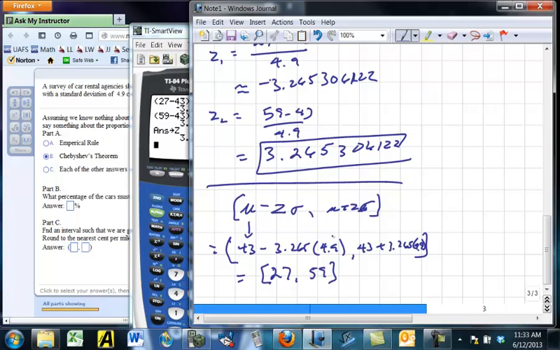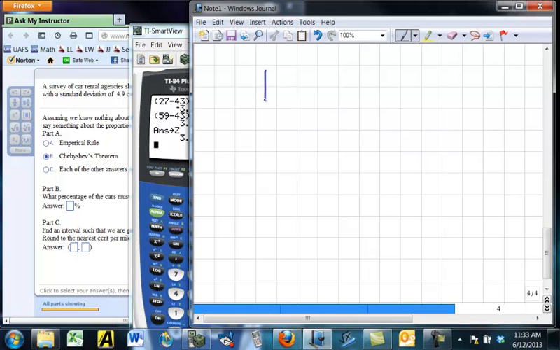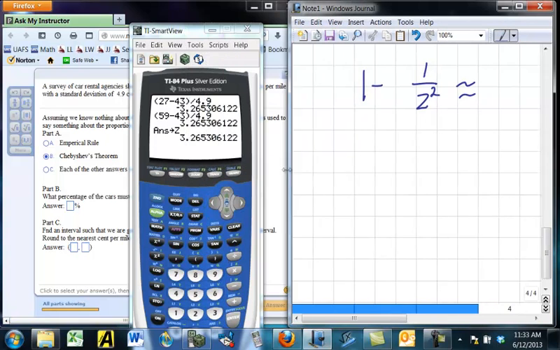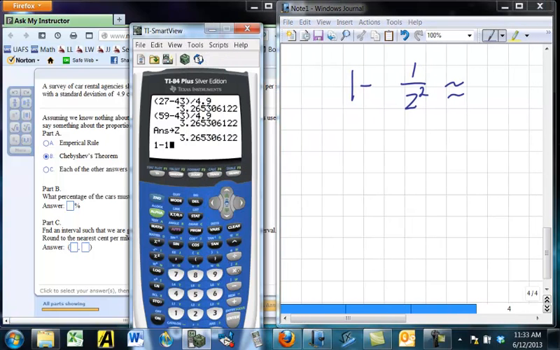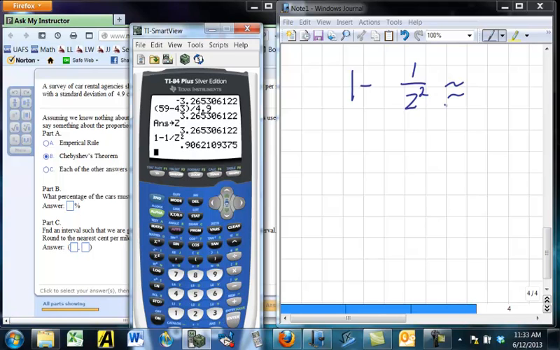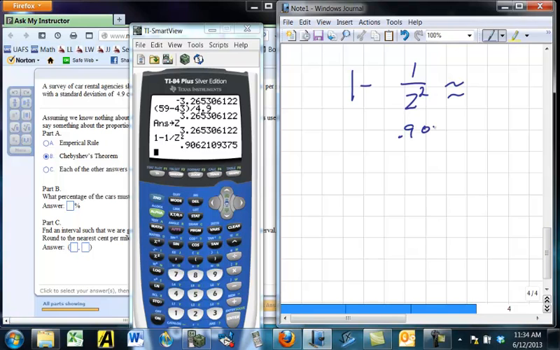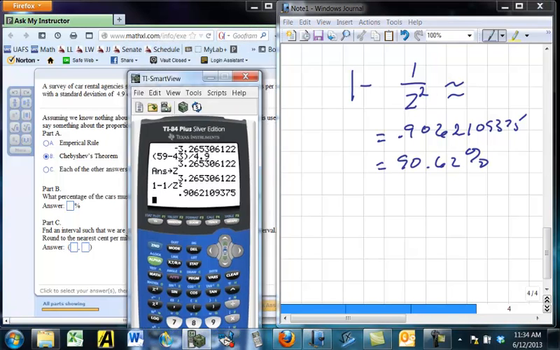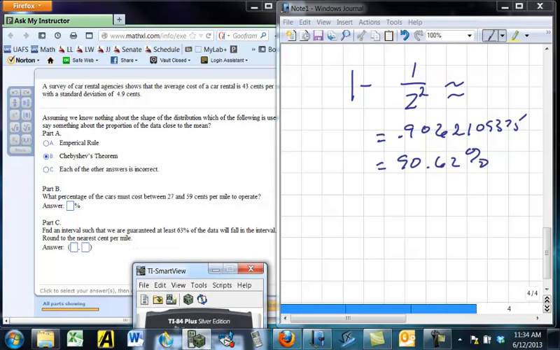The main thing is we have this z value that we need for Chebychev's theorem. Then Chebychev's theorem, 1 minus 1 over z squared, gives us what we need. So let's do that: 1 minus 1 divided by z squared, or previous answer squared, and we get 0.9062109375, multiplied by 100% to get roughly 90.62%.